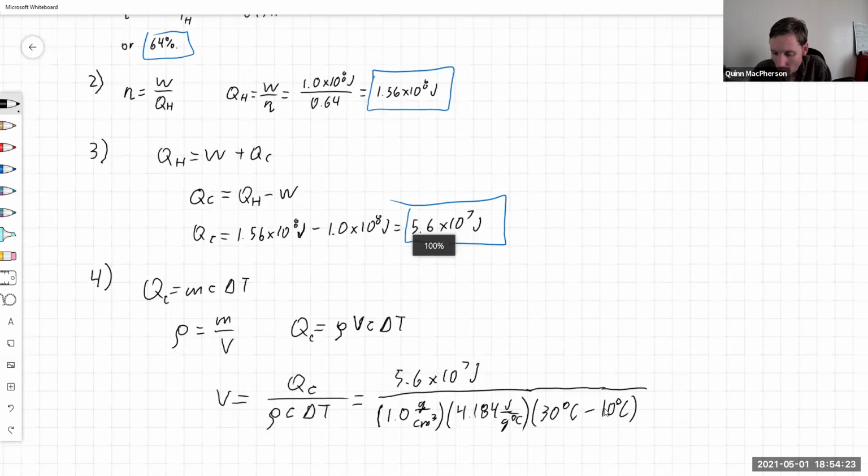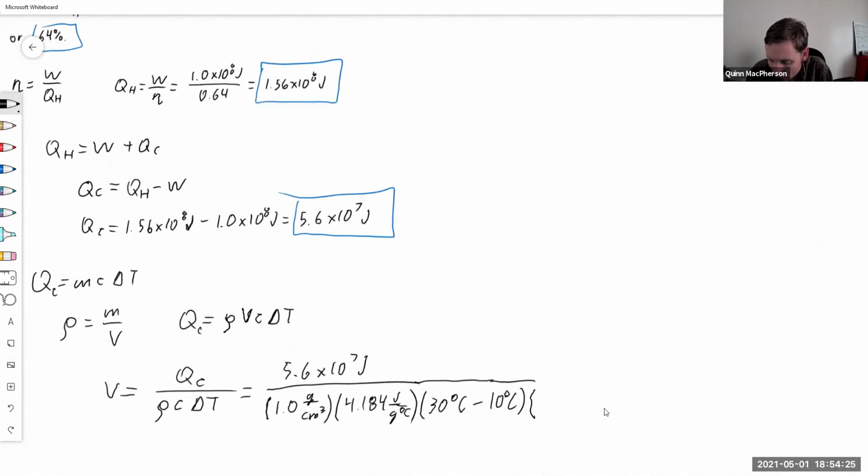We're going to need a unit conversion to convert centimeters. So if we use 100 centimeters per meter, cubed, to get the answer in cubic meters, then our joules cancel, our grams cancel, our centimeters cubed cancel, our degrees C cancel, and we're left with cubic meters.